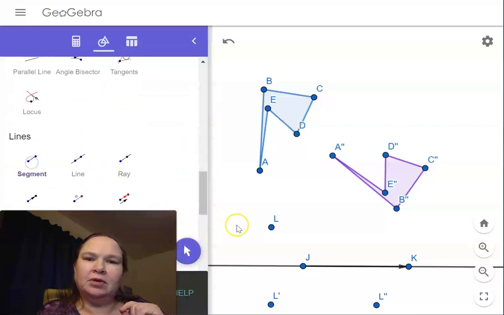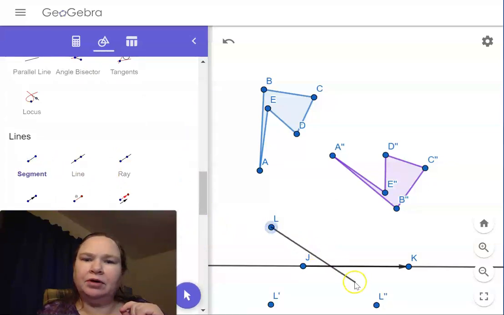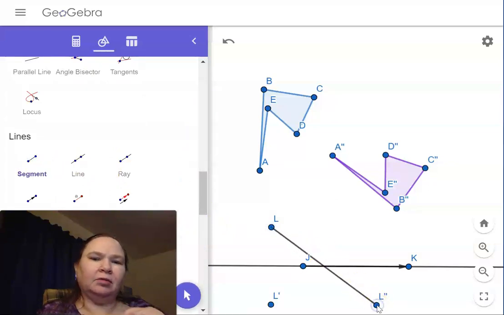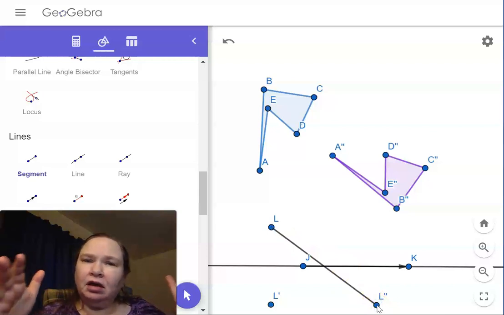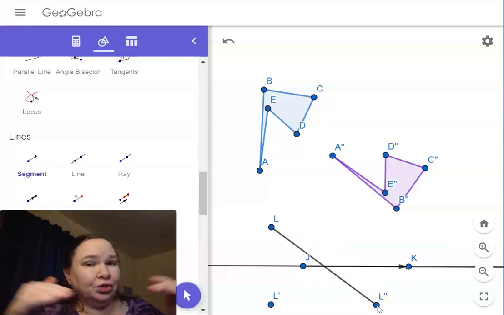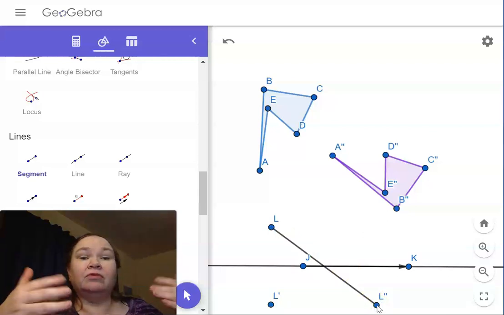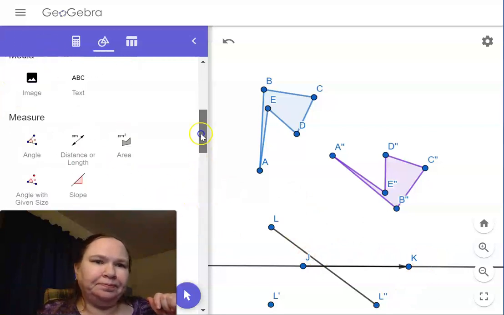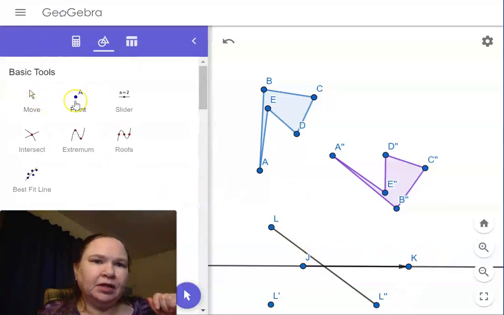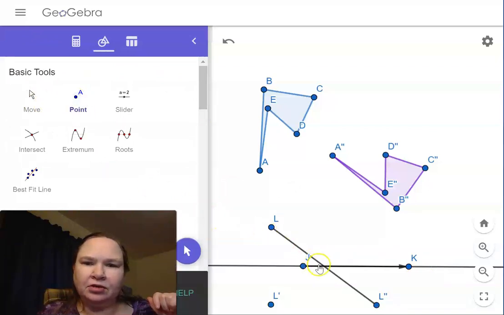So here's a segment that goes between the beginning point and the ending point. It should not be any surprise that that line is going to intersect the reflection line. Let's put a point at the intersection.